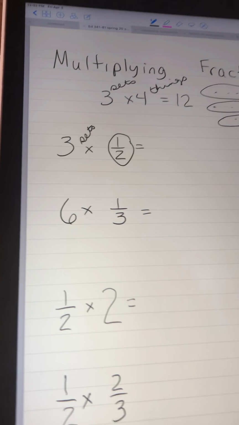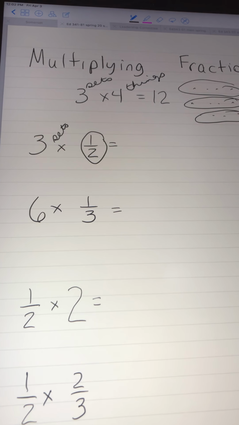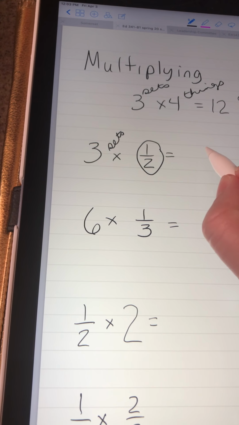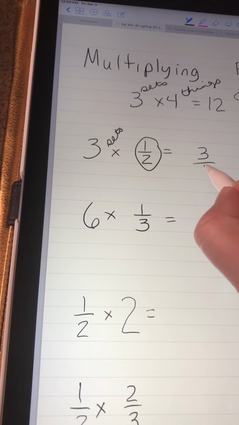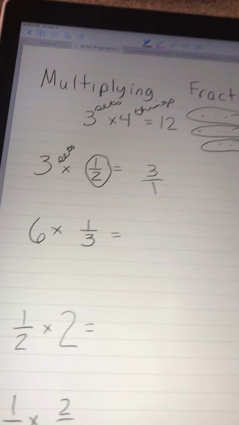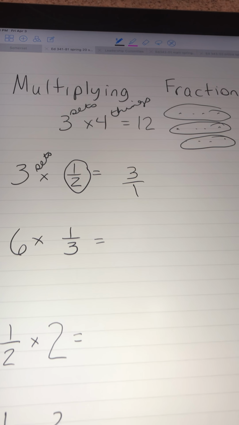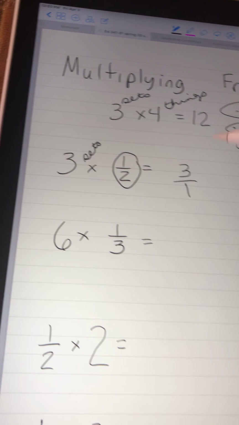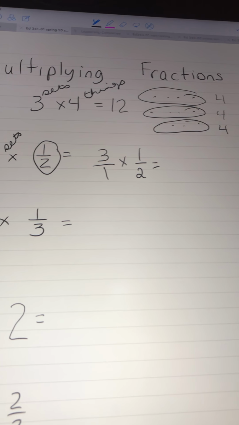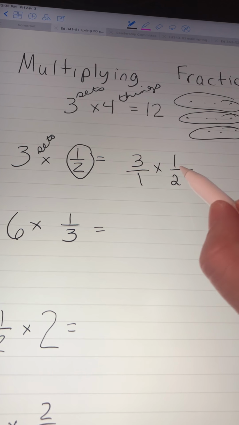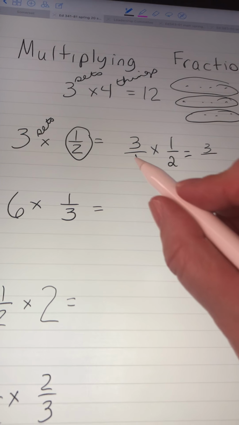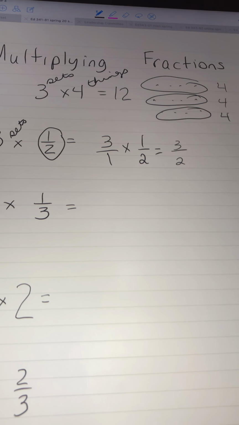So let's look at this with the standard rules that you probably learned when you learned how to multiply fractions. To multiply, you leave the first number, which in this case is a whole number, so we need to create it as a fraction, 3 over 1, and then we need to just multiply the numerator times the numerator, which is 3 times 1, which is 3, and the denominator times the denominator, which is 1 times 2, which is 2.